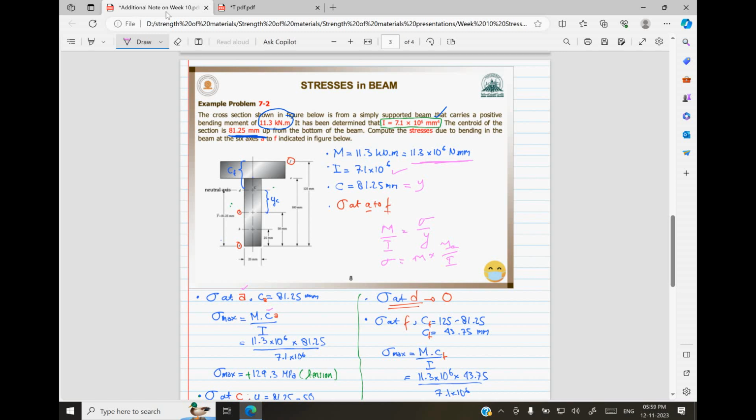Okay. Now I have the value 11.3 into 10 to the power of 6, and then 81.25 is there. The value of I is already given in the problem, 7.1 into 10 to the power of 6. So what is happening now? This 10 to the power of 6 and 10 to the power of 6 get cancelled. So now we can simplify it.